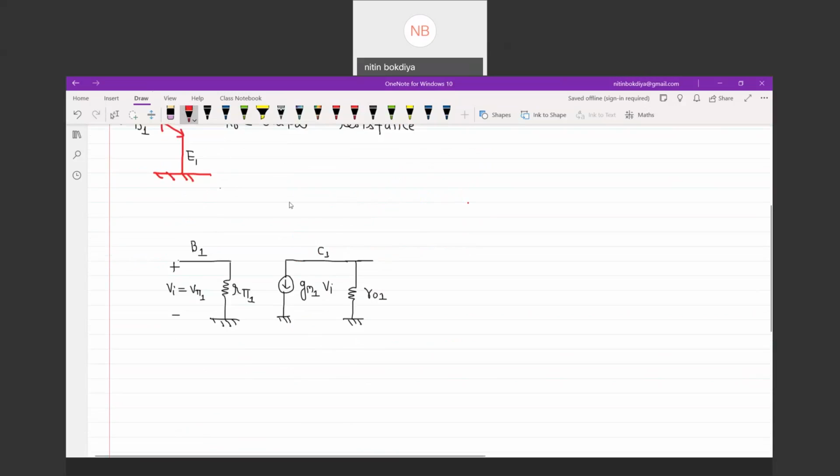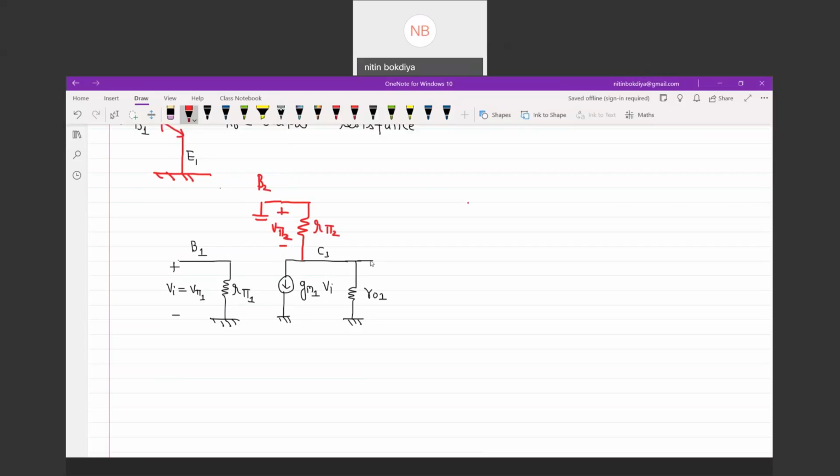This is our base terminal B2, and we know that B2 is connected to ground. This is R pi 2. This is V pi 2. Fine.